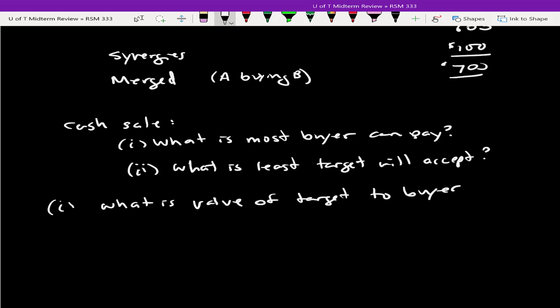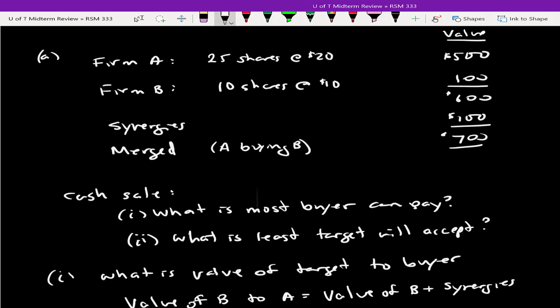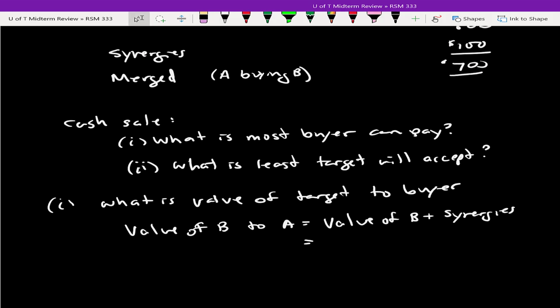The target in this case is B. So the value of B to A is equal to the value of B plus synergies. The value of B we calculated up here was 100, and we're told that synergies are 100. So 200 is the most that A will be willing to pay for B.